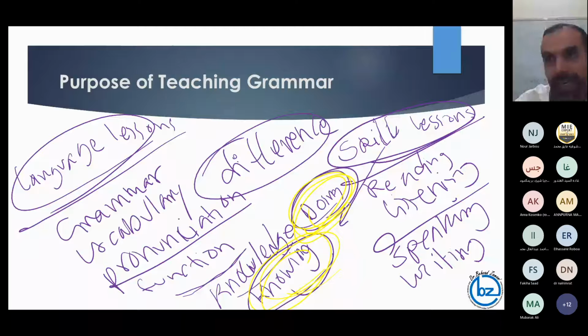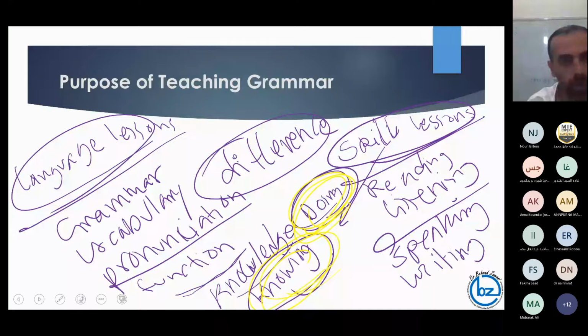Not yet, but later they can be put into practice, because the definition of grammar is the matter of using competently, accurately, and fluently the knowledge of language that you want to use. Thank you so much.